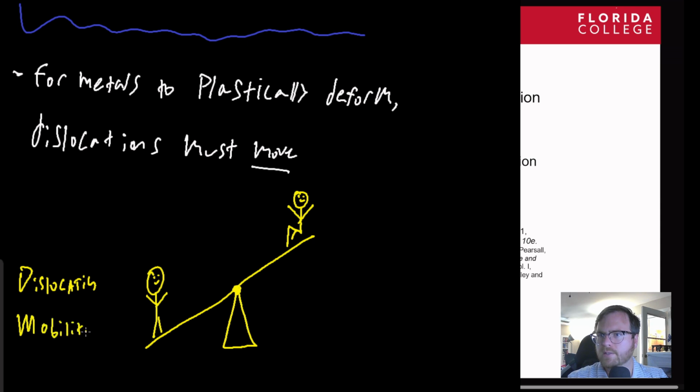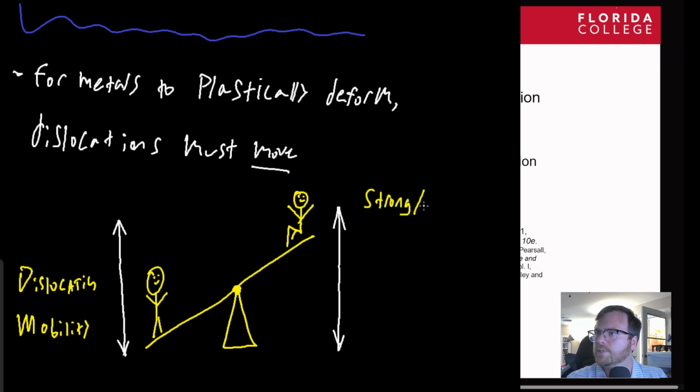And we talked about that, the difference between the types of bonding that we have. And let's just say we have one arrow pointing this way and one arrow pointing that way, right? And then on this other side, we have the same thing, but on the upper end of this, we've got strong but brittle materials.